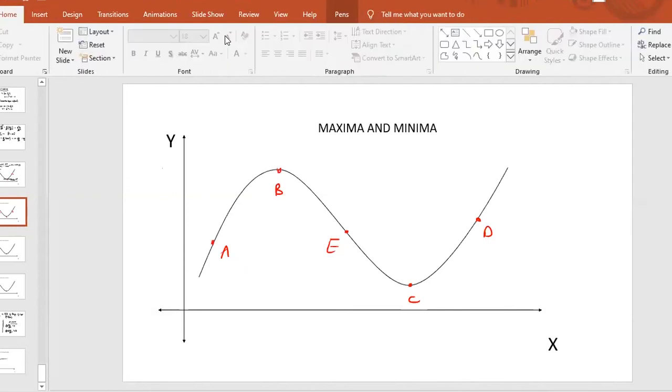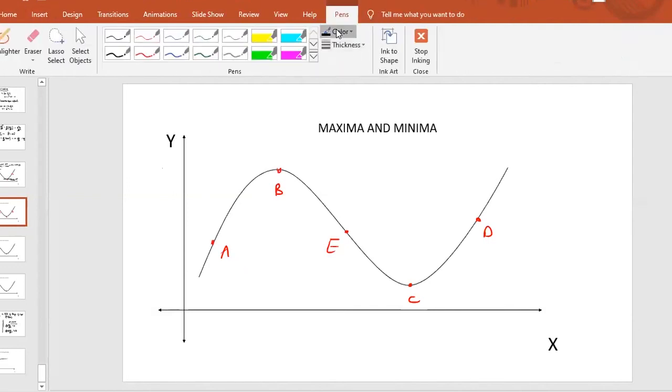If I draw the tangent at point A, what is the slope at that point? This is point A. If I draw the tangent at that point like this, then you can see that the angle here is more.